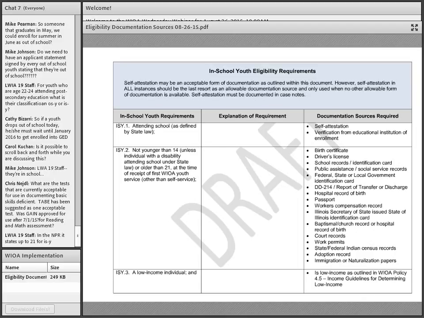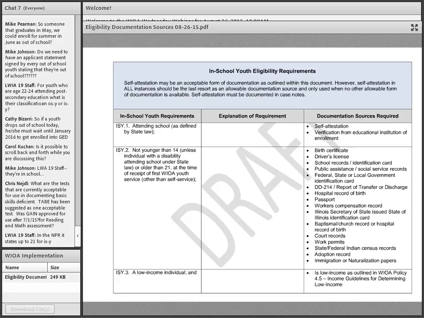One of the things I do want to bring up, that English language learner, that's a question that comes up for in-school youth. How it works in our system is if a client is basic skills deficient, meaning 8.9 or below on math or reading, the system is going to make that determination if that client meets that barrier.